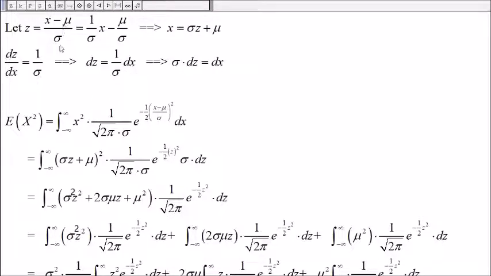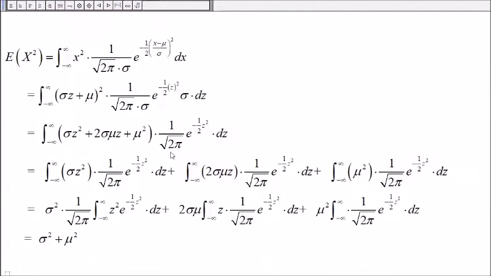And z is (x minus mu) over sigma, so the exponent becomes z. Multiplying this out, we get sigma squared z squared plus 2 sigma mu z plus mu squared, and then times this.